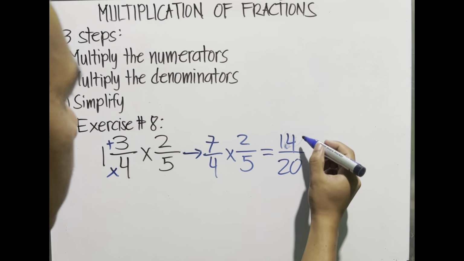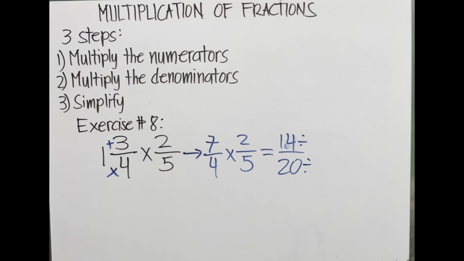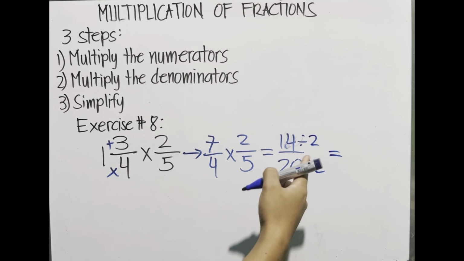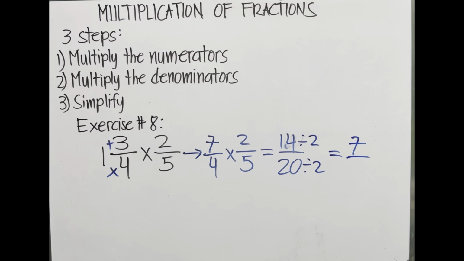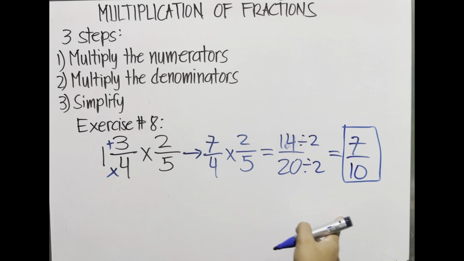Simplify. Pwede natin i-divide both sides by 2. And 2. 14 divided by 2, that is 7. 20 divided by 2, that is 10. So, ang sagot natin is 7/10.